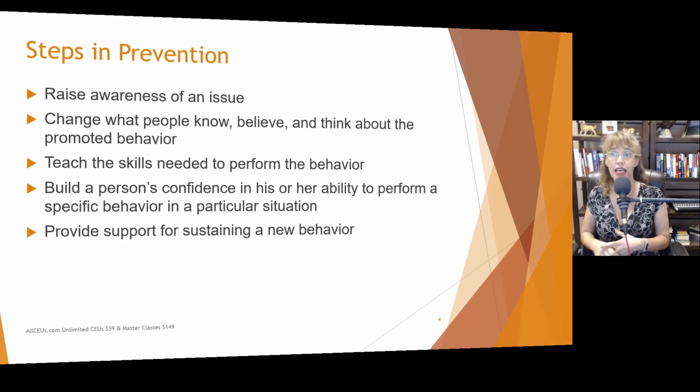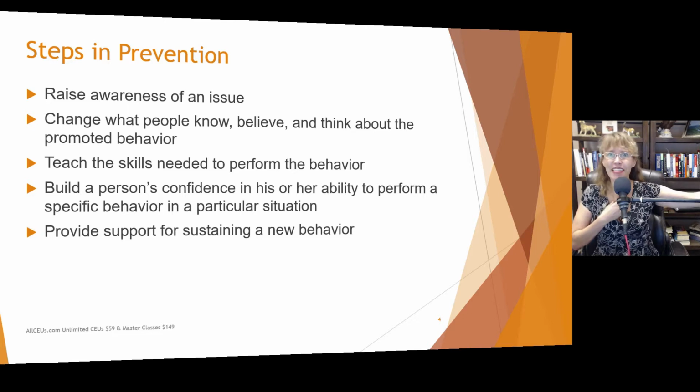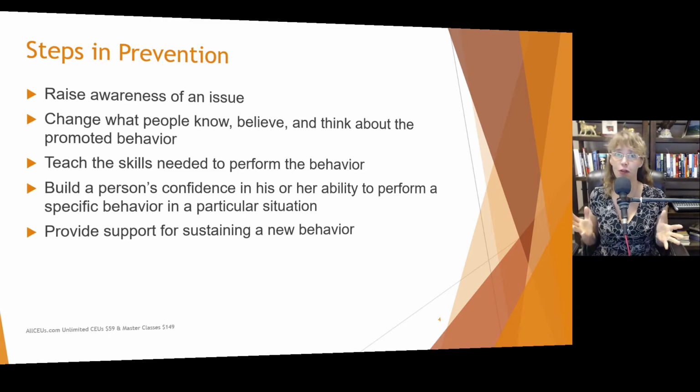We want to change what they believe, for example, about opioids. For the longest time, we thought opioids were super safe. Think about 15, 20 years ago, when you would have surgery, they would send you home with a big old bottle of opioids. Now they send you home with maybe 6. We've developed much more knowledge about what opioids do.